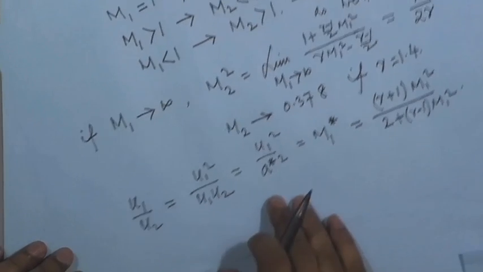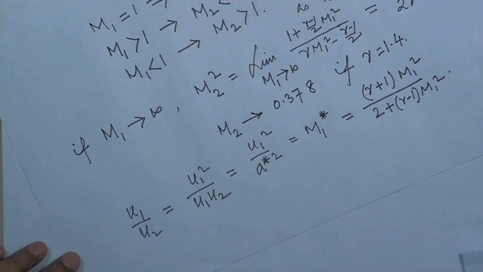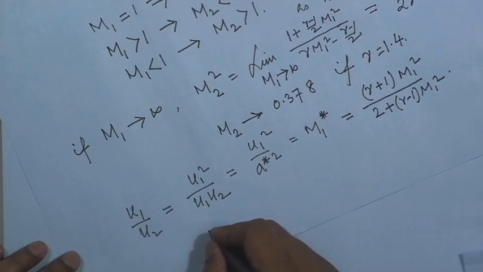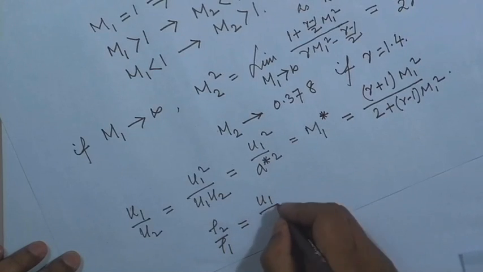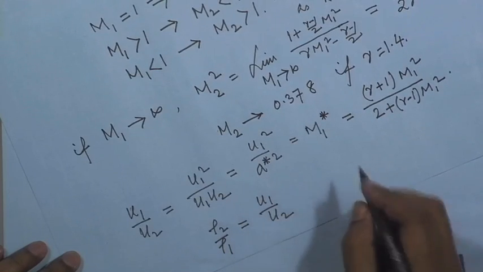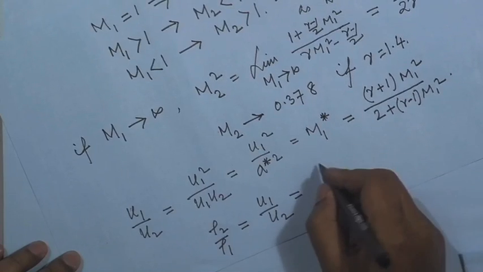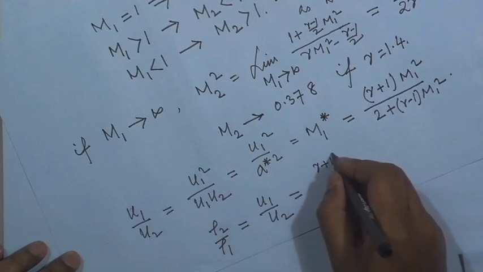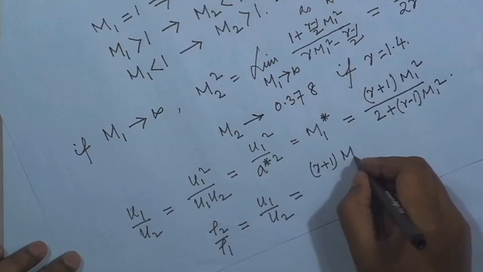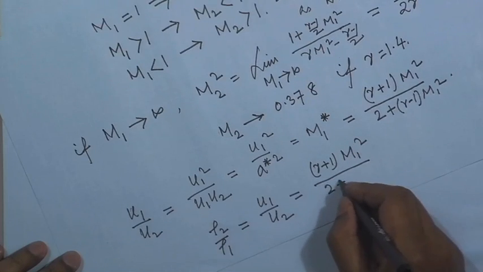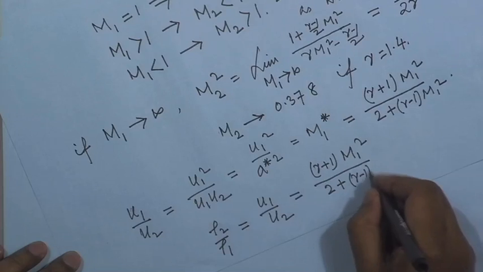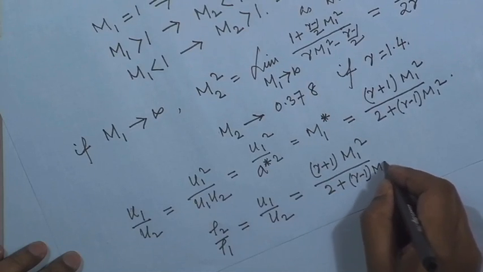Using the continuity equation for the present problem, we can also see that rho2 by rho1 is u1 by u2, and again can be written as gamma plus 1 M1 square by 2 plus gamma minus 1 M1 square.